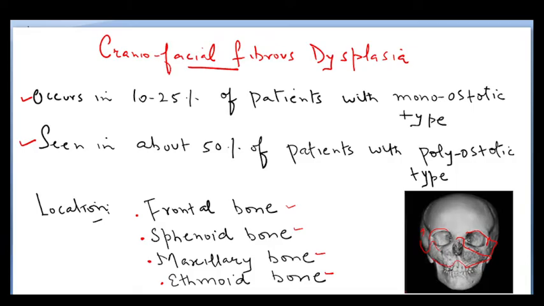Thirdly, coming to the craniofacial type of fibrous dysplasia. It occurs in 10 to 25% of patients with the monostotic type and is seen in about 50% of patients with the polyostotic type. In addition to the maxilla, it also involves the frontal bone, sphenoid bone, and ethmoid bone.